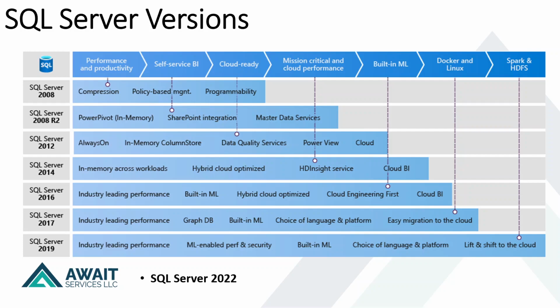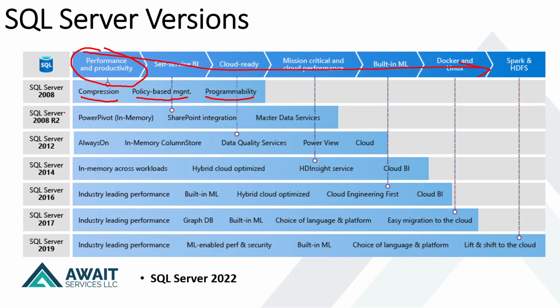If you take a look at this top part, these are the different features that have been brought to the clients by these different versions. Starting from SQL Server 2008, they brought performance and productivity. Part of that is that we are now able to compress databases. There's policy-based management, and then there's programmability.